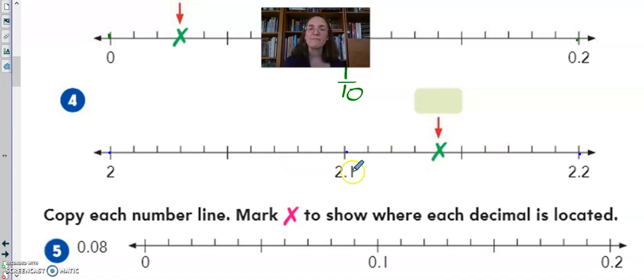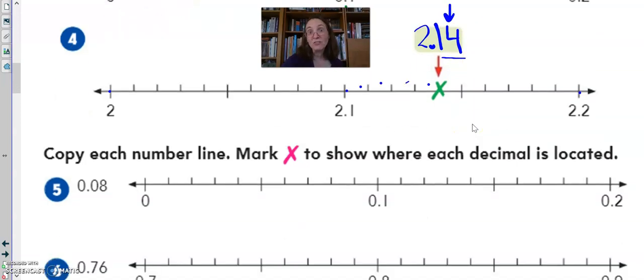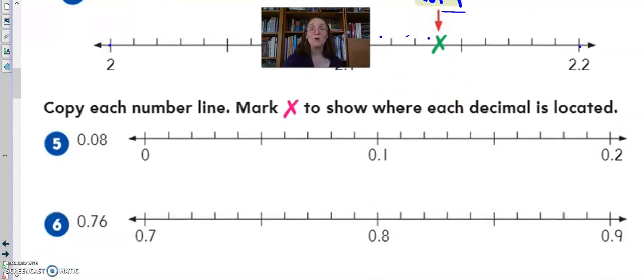For this x, I have 2 single ones and 1/10 and 1, 2, 3, 4 hundredths. Now, to read this, we would take everything that is and call it hundredths. So 2 and 14 hundredths. That's how we name hundredths in the decimal place. Ooh, now we're going to mark the decimal, the hundredths, on a number line.